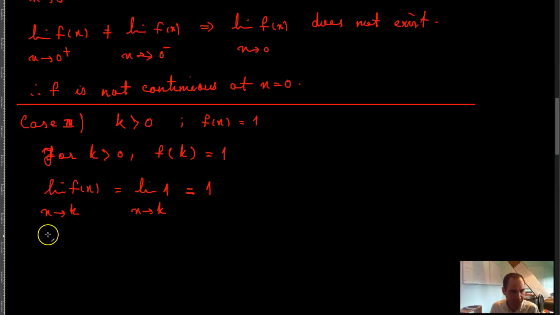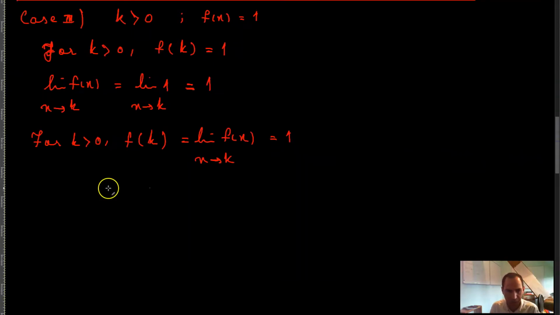So you can see that the limits are the same, or that these two values are the same. So then you can say that for k greater than 0, f of k is equal to the limit of f of x as x tends to k is equal to 1, and therefore for k greater than 0, f is continuous.